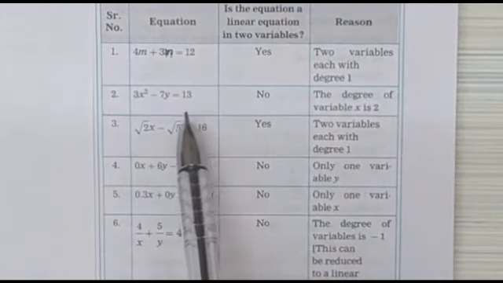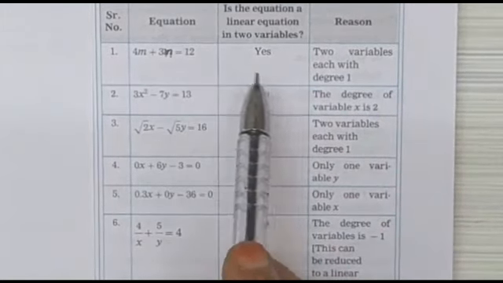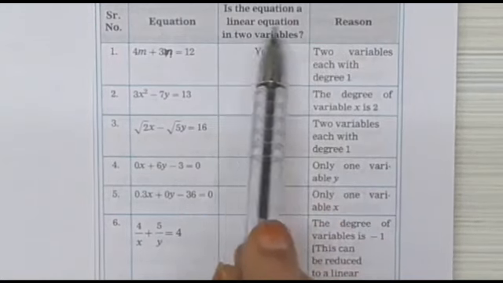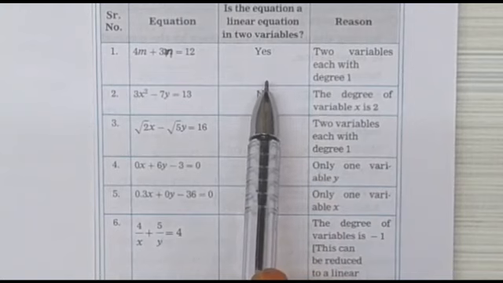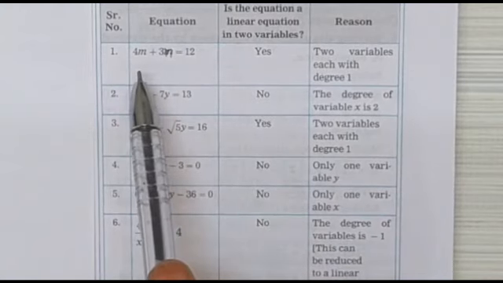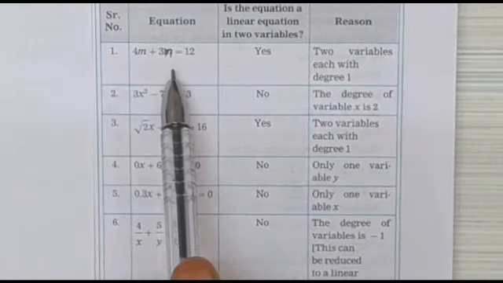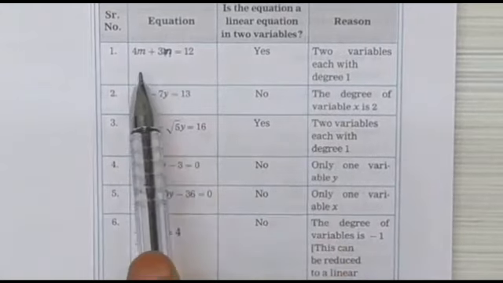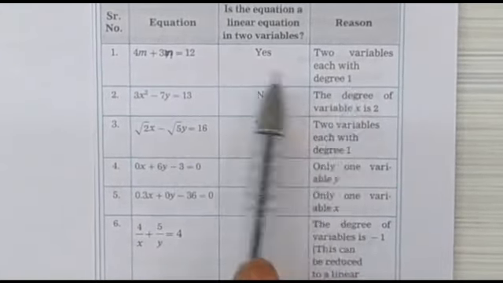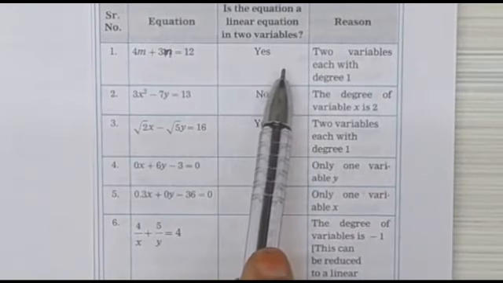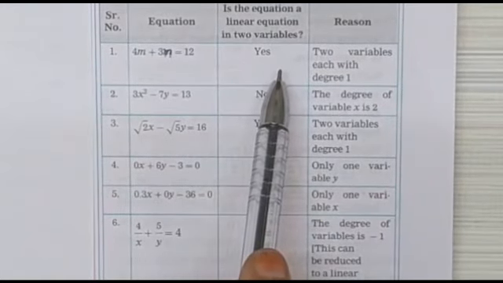We have to find whether the equation is a linear equation in two variables or not. In 4m plus 3n, the variables are m and n and the degree of each variable is 1. Therefore, it is a linear equation in two variables.